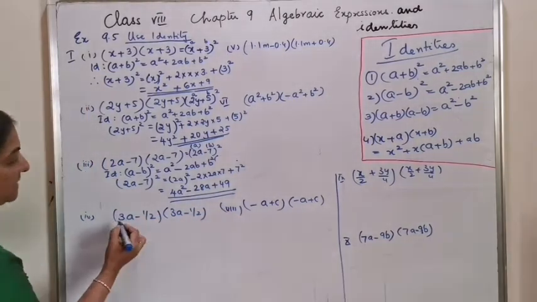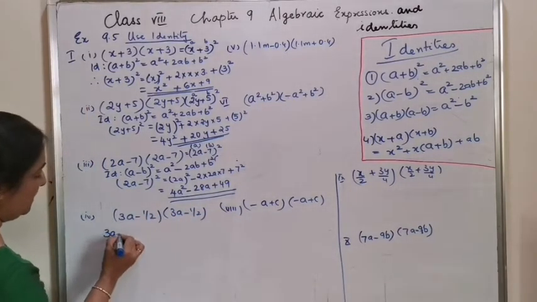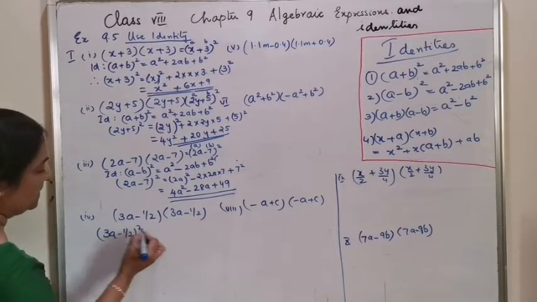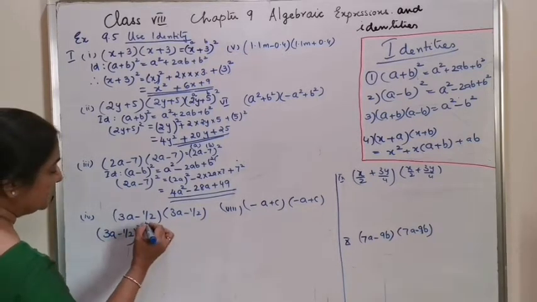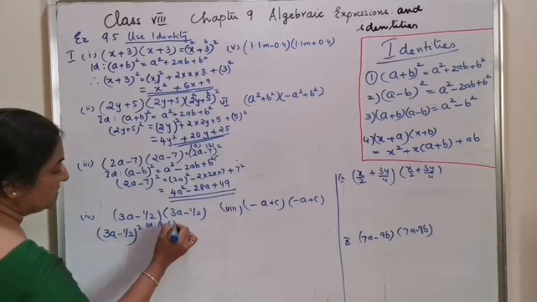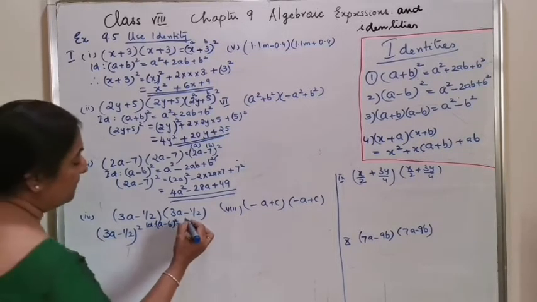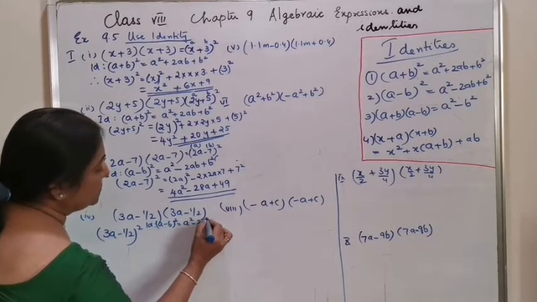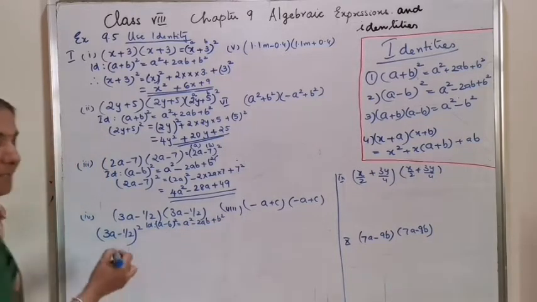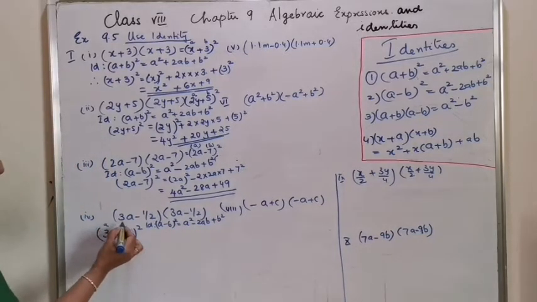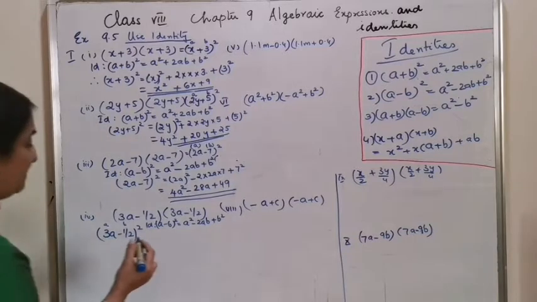The next one again can be written as (3a minus half) the whole square. What identity are you using? (a minus b) the whole square is equal to a square minus 2ab plus b square. Your a is 3a, your b is half.